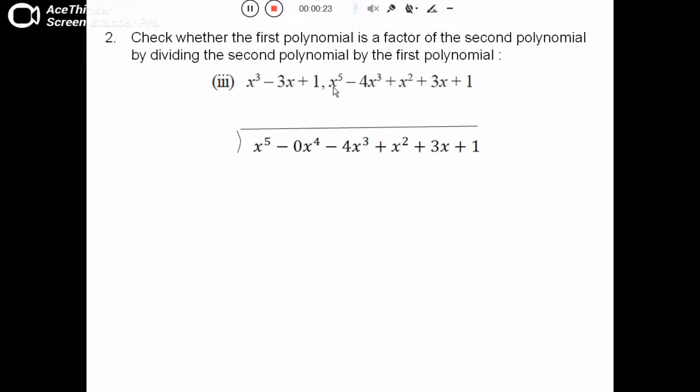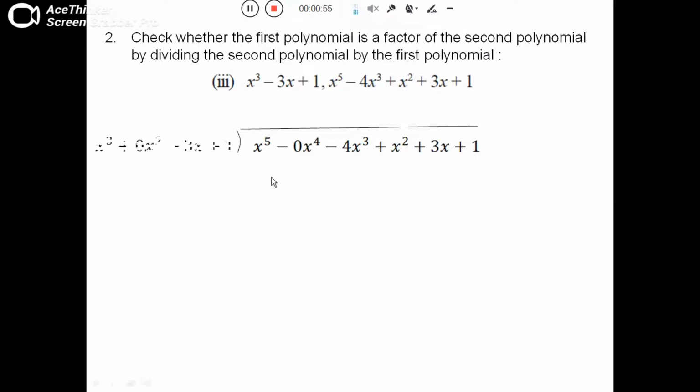Dividend is x raised 5. After that you should have x raised 4, but there is no x raised 4, so we have written 0x raised 4. The sign you can write positive or negative, both are the same because its value is 0. Now minus 4x cube plus x square plus 3x plus 1 we have written, and the powers are in descending order.